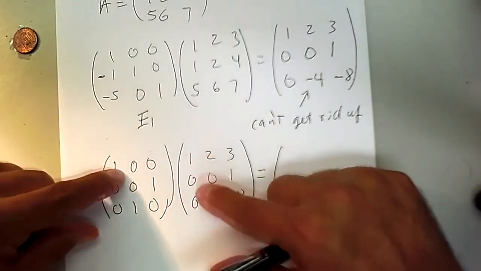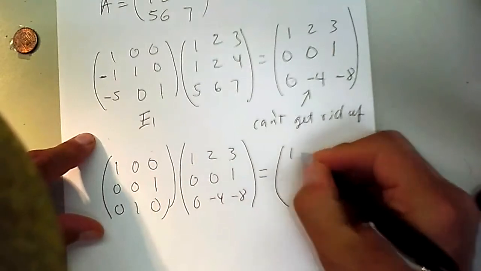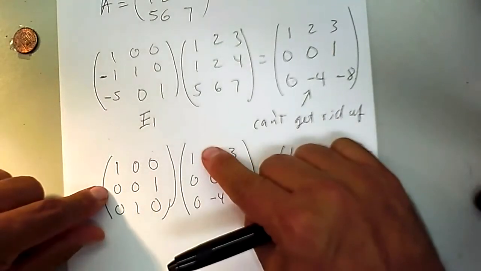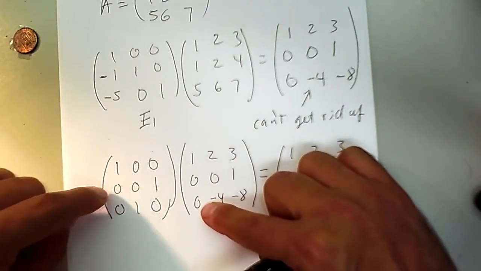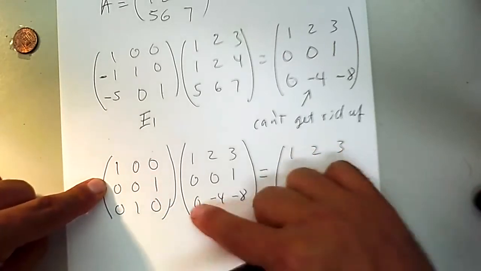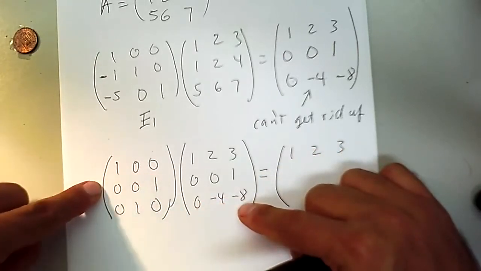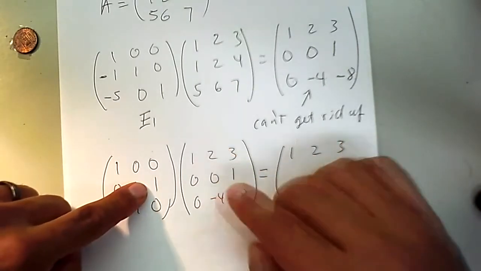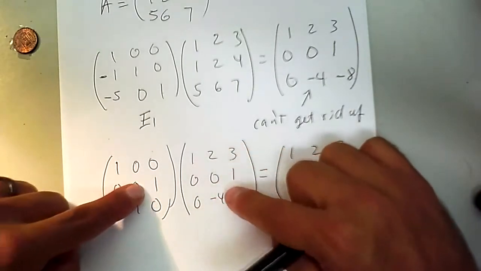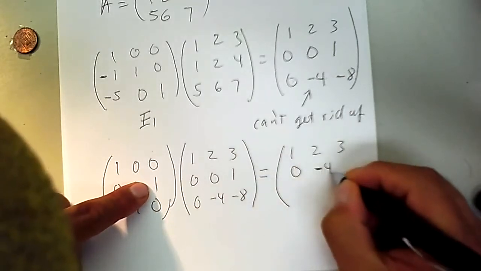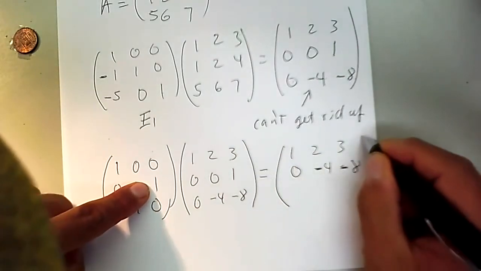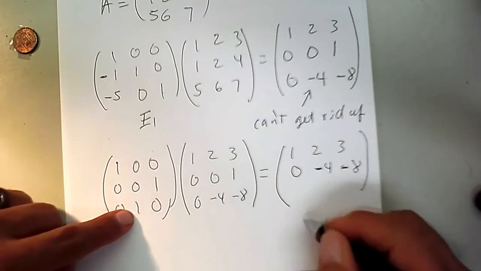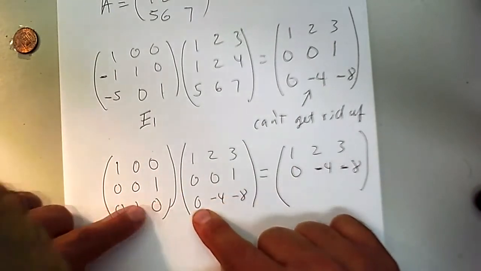So we have 1, 2, 3. This picks up the last row, but places it on the second row position. So 0, negative 4, negative 8, and then we take the middle row and position it in the last row.